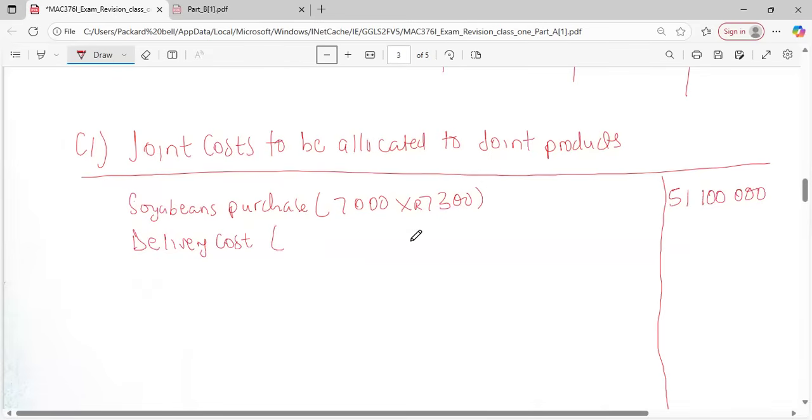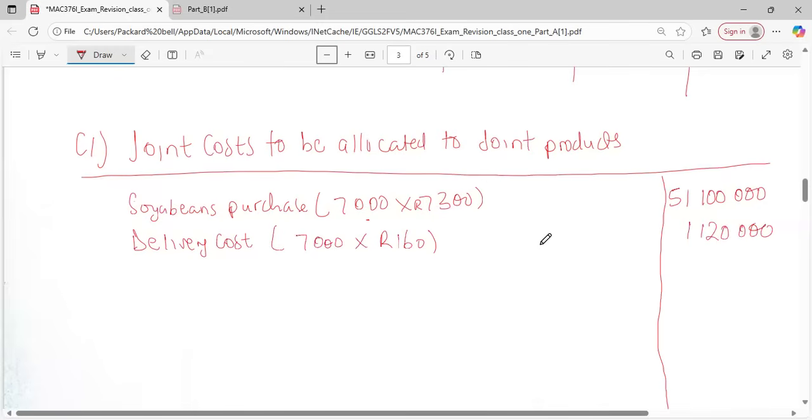And holding cost, so which means it's going to be 7,000 again times 160. How much is it going to be? 1,120,000. So these are the delivery costs.